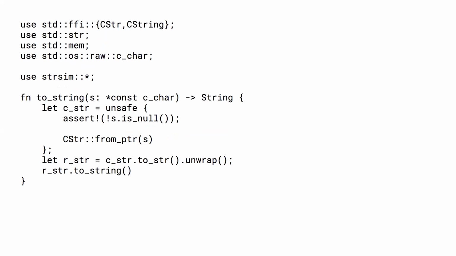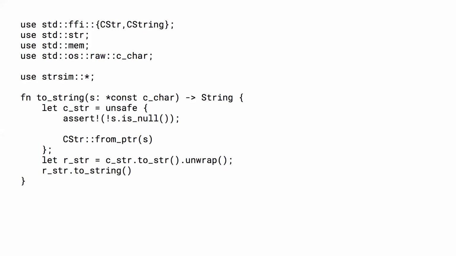We do need to do some things that are unsafe because we're operating at the C ABI. We're just getting const char pointers to strings. We're not using a rich string type like we would in Rust, with bounds checks and what have you. So the first thing we do is this toString helper function that takes in a C string and emits a Rust owned string. It says, if the input is null, just bail; convert this C string from a pointer and assign it to c_str.